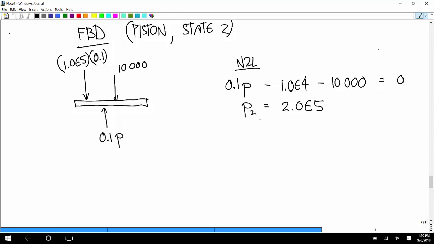We know that the force, and therefore the pressure, is linear in the volume. Okay, we know that pressure is equal to m times the volume plus b. And so now we're going to use what we know at state 1 and state 2 to come up with those parameters.